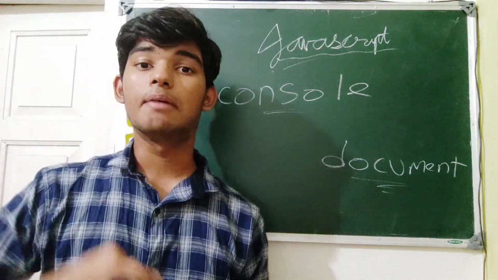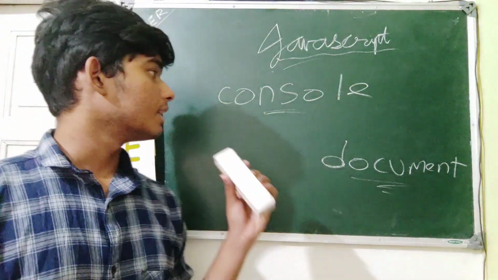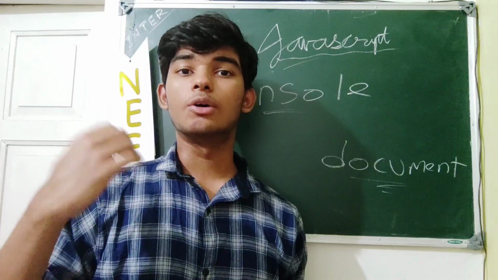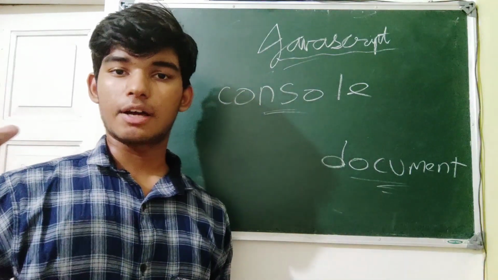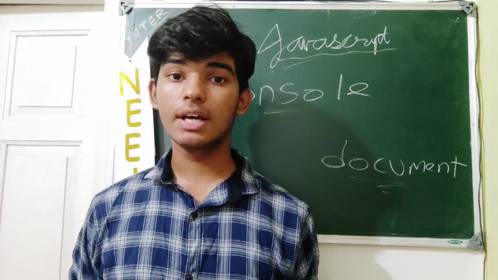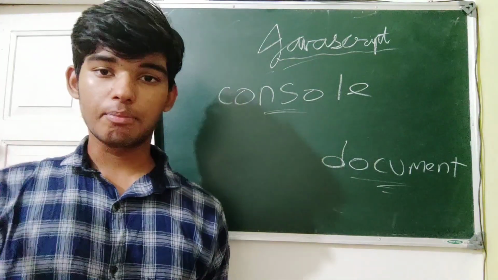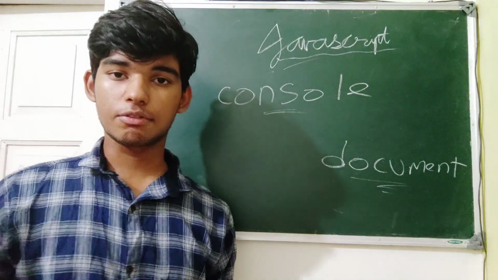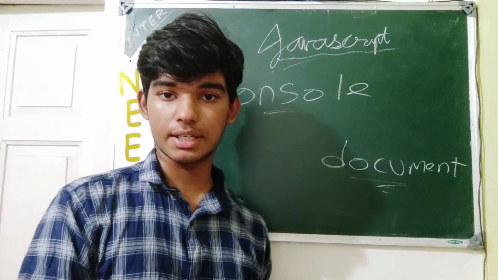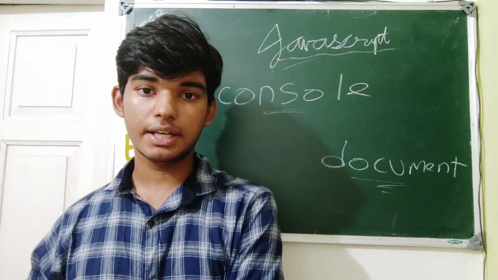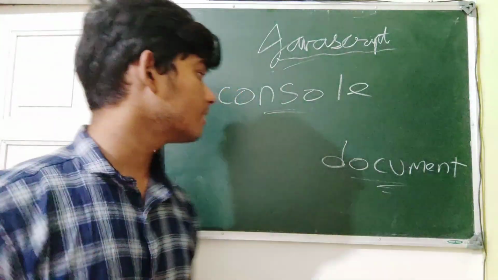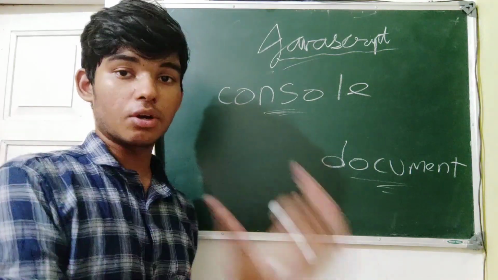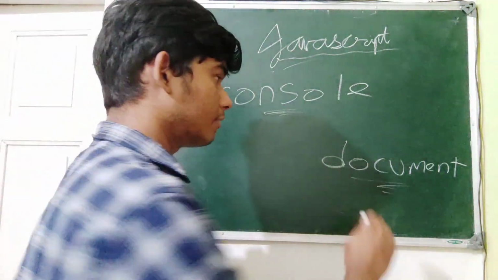Now, let us assume that you are working on a website and you have written some code, and you need something to remind you or give you an alert while you're working on the code, but you don't want it to appear on the website, just on the back end. For that, you can use console, where it appears on the console, but it doesn't appear on the website.